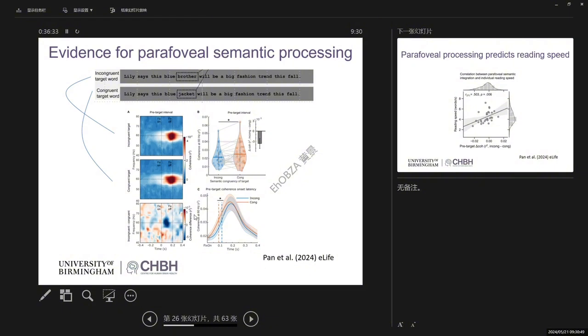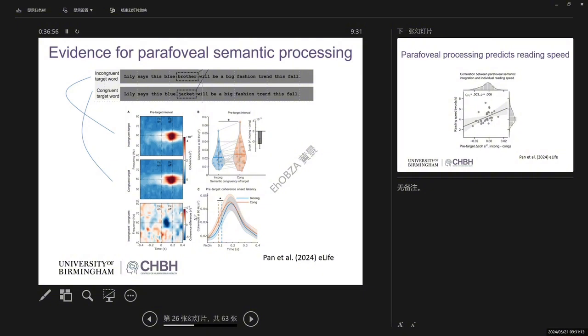But nevertheless, this provides evidence for there being attention allocated to the words in the parafovea. And this attention allows you to process the word in the parafovea at the semantic level. And that is evidenced by the difference in the frequency tagging signal.